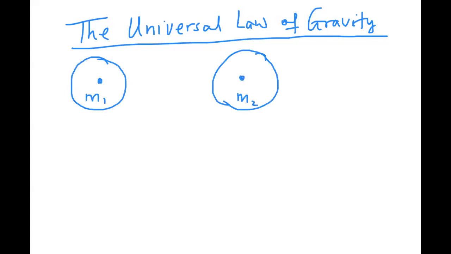According to Sir Isaac Newton, the two masses M1 and M2 attract each other. And according to Newton's third law, this attractive force should be equal on each mass, independent of the size of each mass. So this force here and this force have equal magnitude and opposite direction. And this attractive force is called gravitational force.